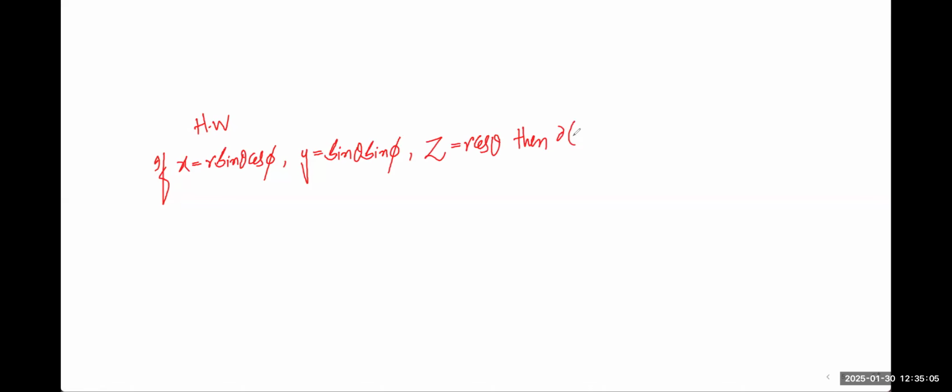Jacobian of x, y, z with respect to r, theta, phi. As a hint, if you want the solution, I will show you how to expand this one. dou by dou r.